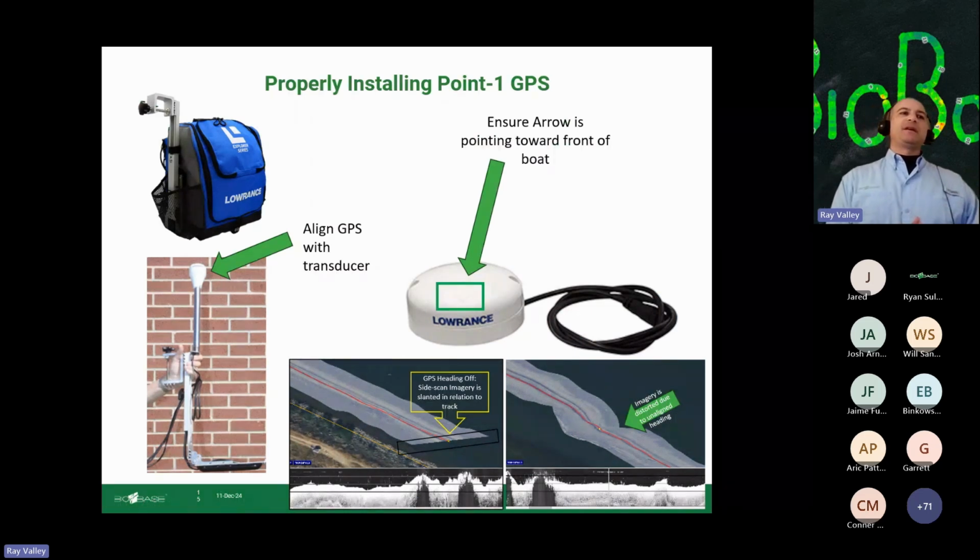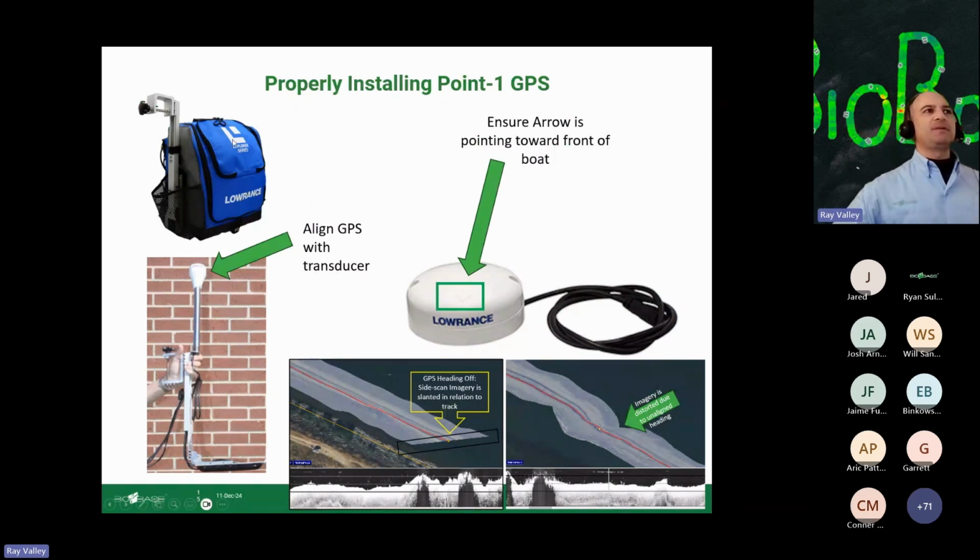Also the 0.1 GPS. There is a GPS display in the unit. This is an example of our portable kit. There is a GPS in the display. However, the 0.1 GPS is great because if you want to put that display on the console, or if it's not lined up with the transducer, this gets you lined up with the transducer. And also this has a heading compass in it.